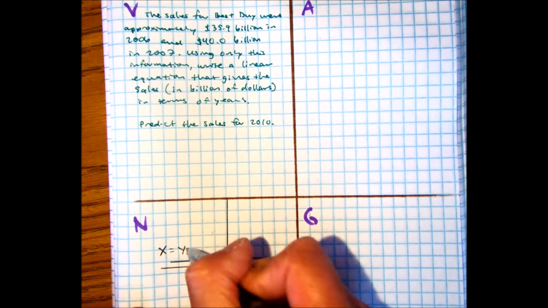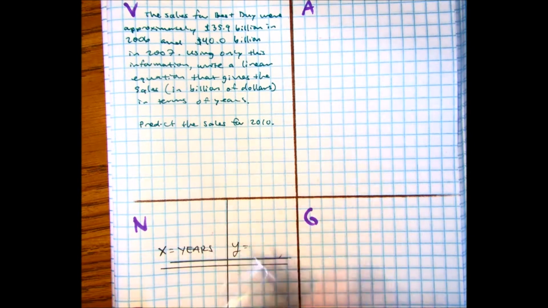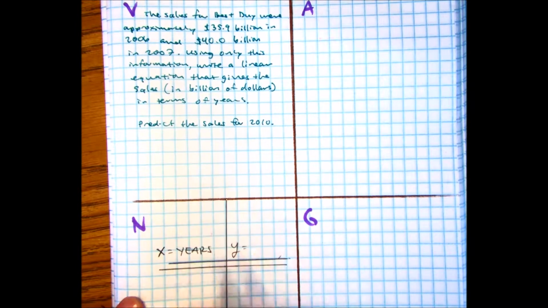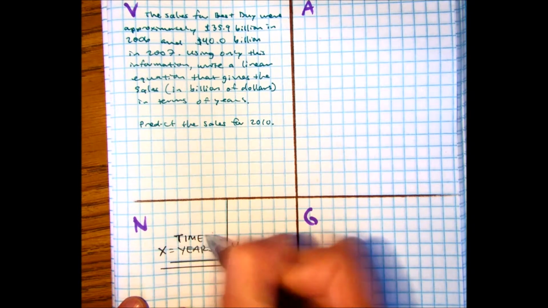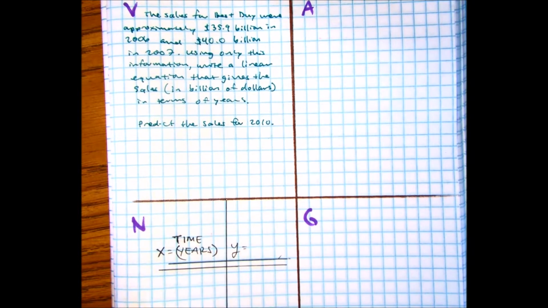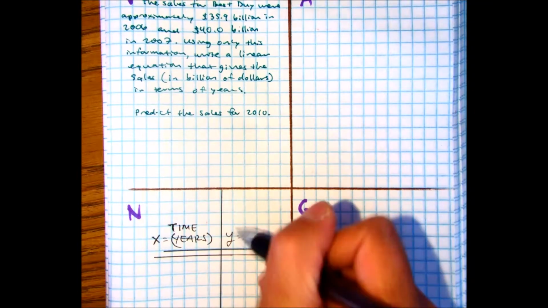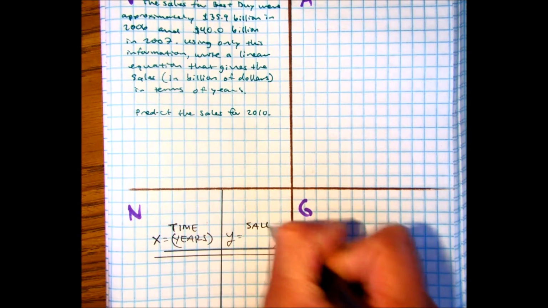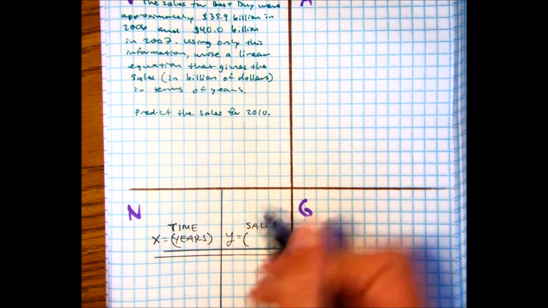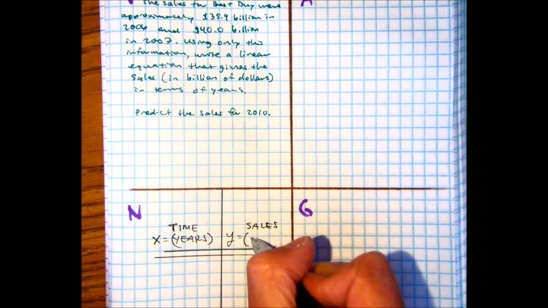Years, or time measured in years. Yeah, let's put time, because I think it'll be confusing if we make it the variable Y. Does that make sense? And then what's your Y? Sales measured in what? Yeah, I would love to have billions of dollars.